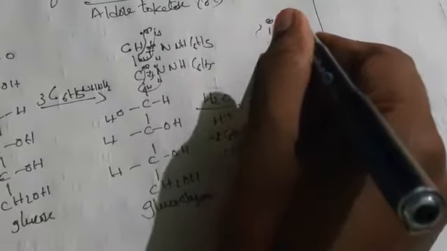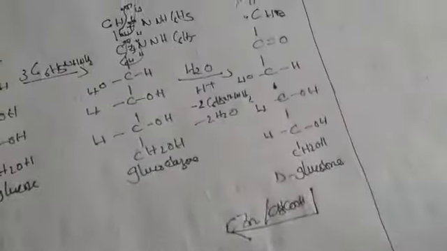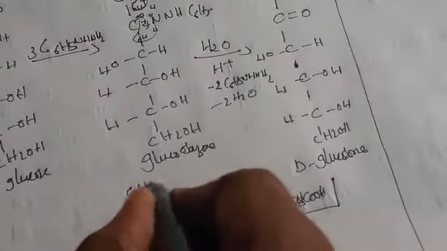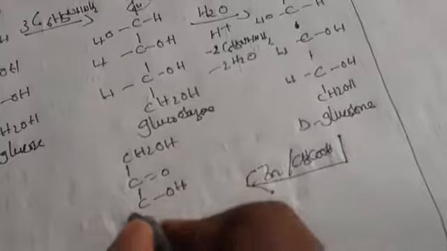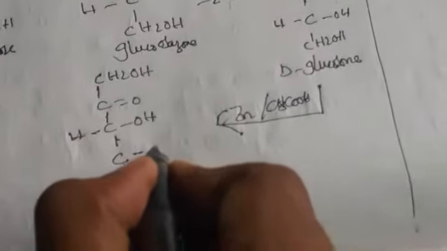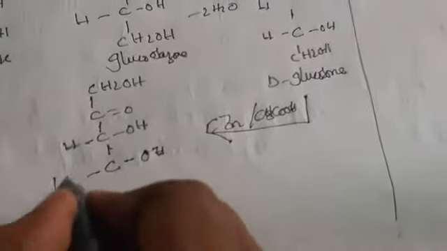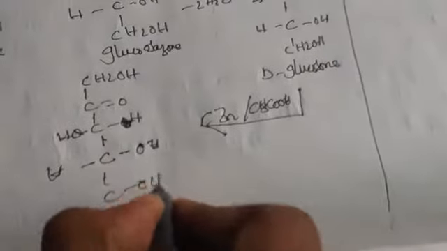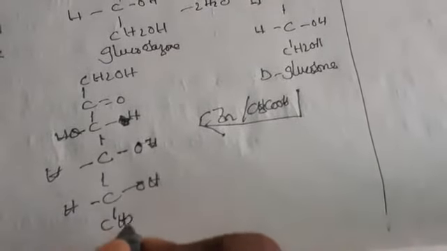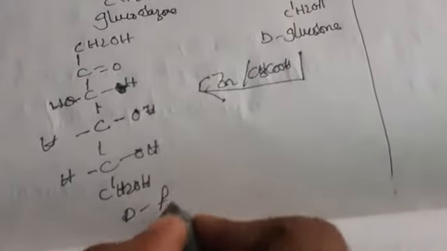When we turn the bond here, minus, here 1H plus, and here H. So we are getting CH2OH, C=O, CHOH, CHOH, CHOH, CH2OH. This one we call fructose.